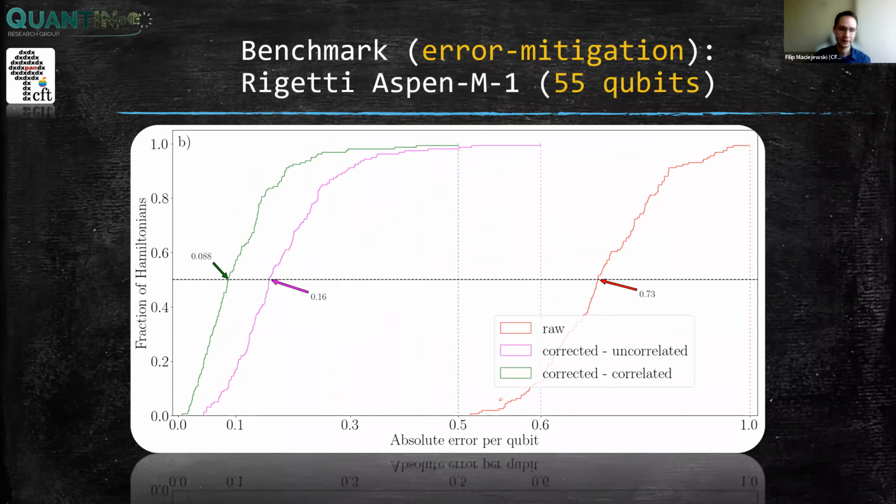Basically, the noise here is bigger. We also made a lower number of experiments, so there is a little bit more statistical noise here. But generally, the errors are huge here, and you can see that, similarly as before, the error mitigation based on the uncorrelated noise model is somewhat worse than the one based on the correlated noise model.